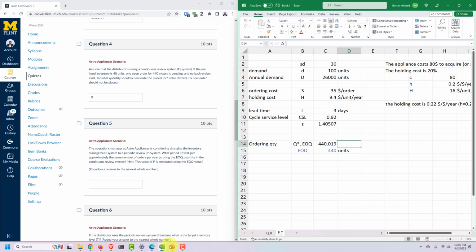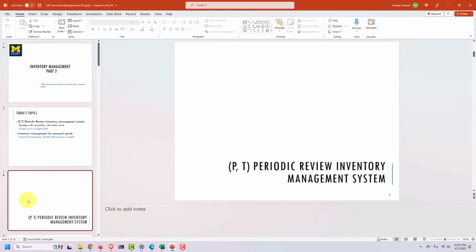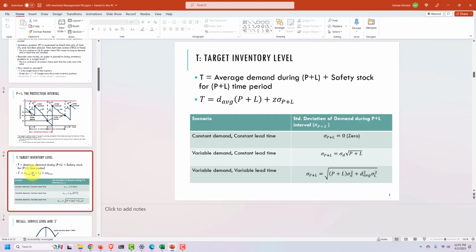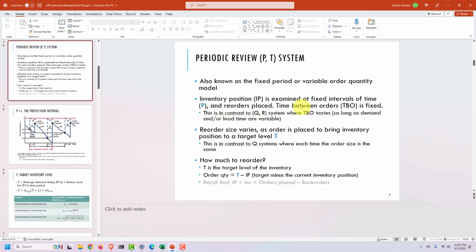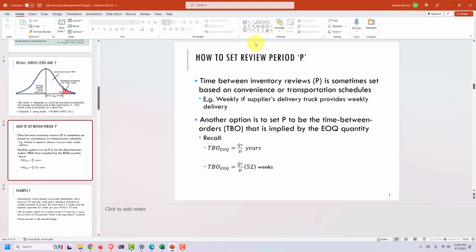Now if you go to your inventory management part 2 slides, it tells you what the P means, and then it tells you how much to order, and how to set the period P, this one right here.